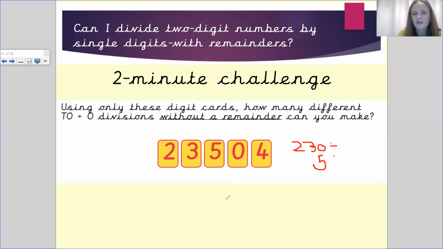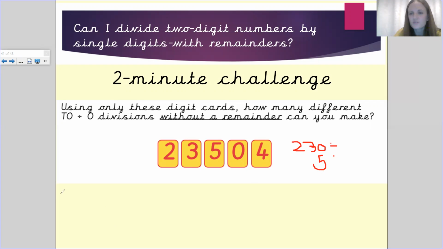So I'm breaking it up into 5 equal groups. It wouldn't leave me with a remainder because I know that 30 can be divided by 5, 200 can be divided by 5, so that wouldn't give me a remainder.